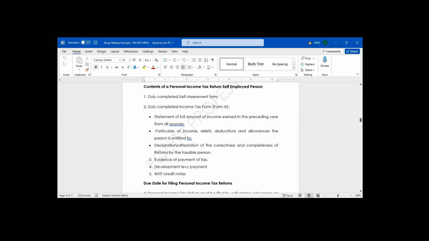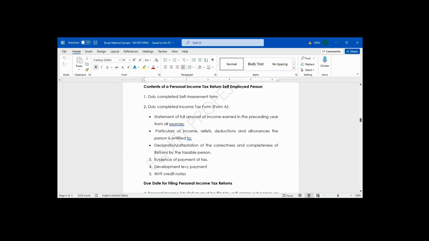Number two, duly completed income tax Form A. Number three, evidence of payment of direct assessment, which is personal income direct assessment. Number four, development levy payment. Number five, withholding tax credit notes. These are the contents of personal income tax return filed by who? Self-employed persons.